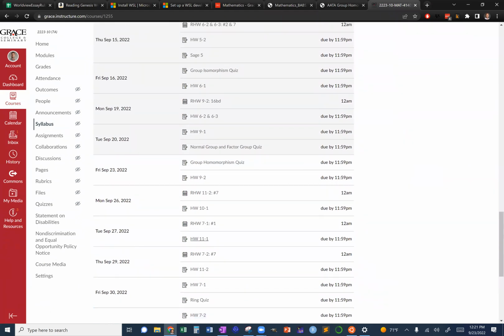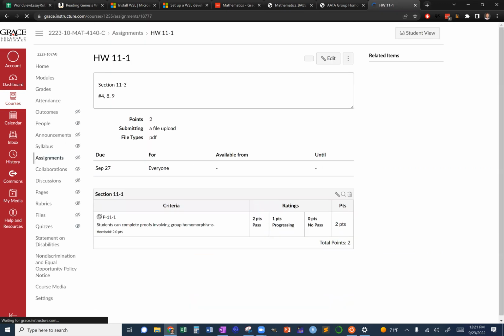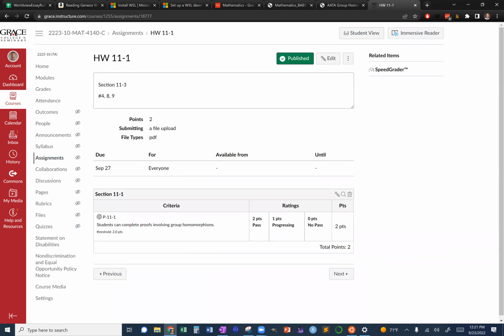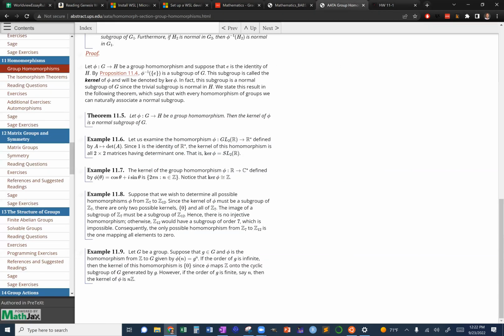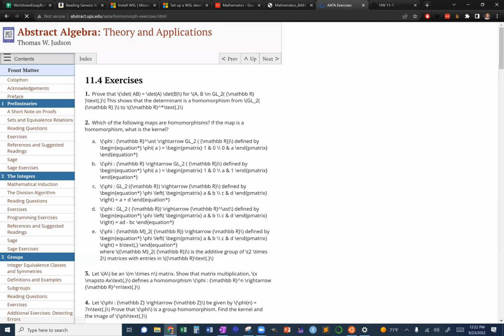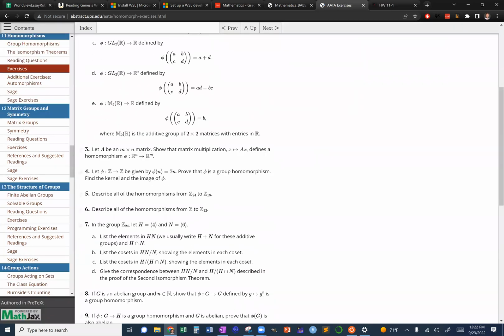So 11, 4, 8, and 9. So number 4 will be a lot like the example we just did.